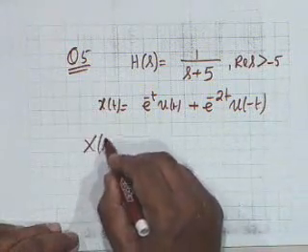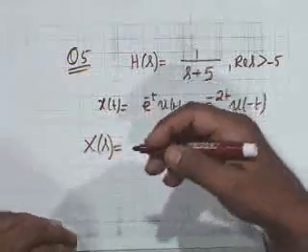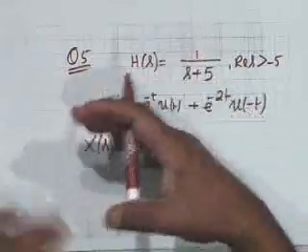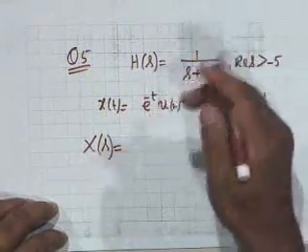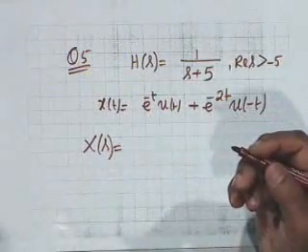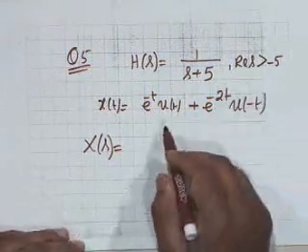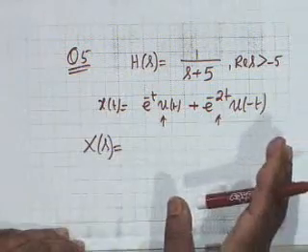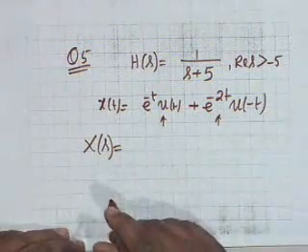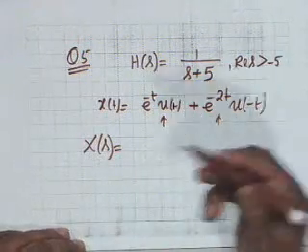Now, it is very tempting to find capital X of s, multiply by h of s and invert, but that cannot be done, because for X of s there is no ROC. There is no intersection between the ROCs of these, and therefore capital X of s doesn't exist. So what is the solution? Solution is superposition.